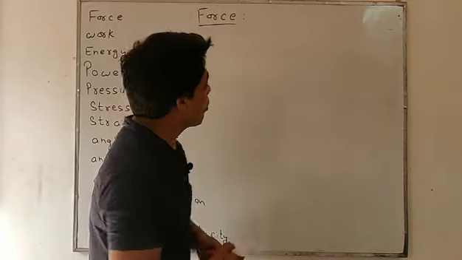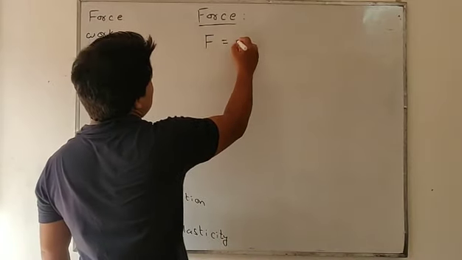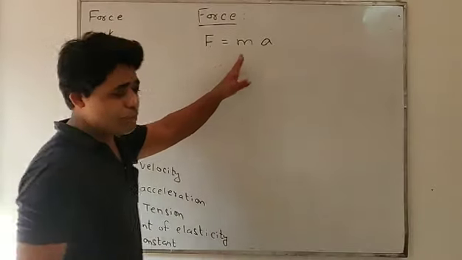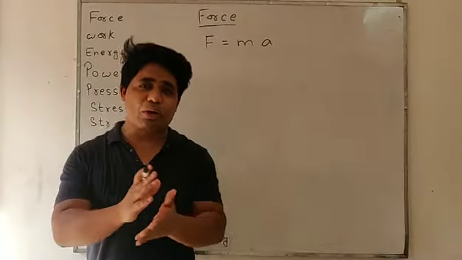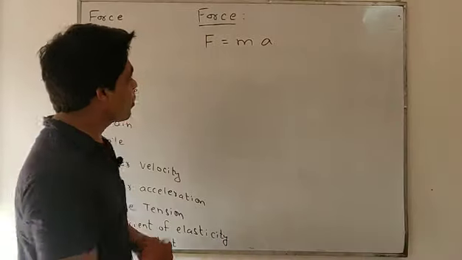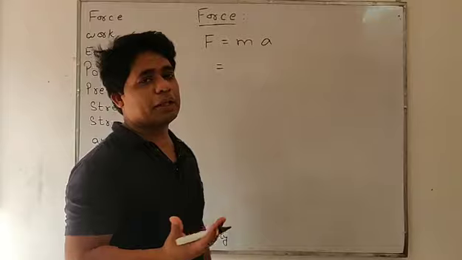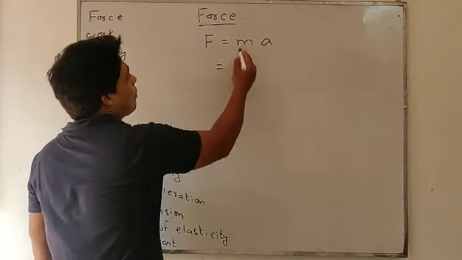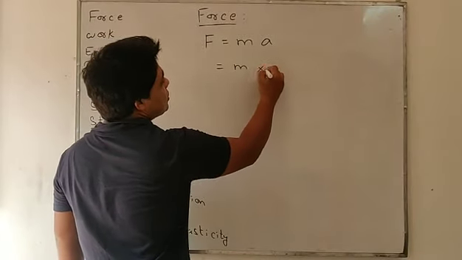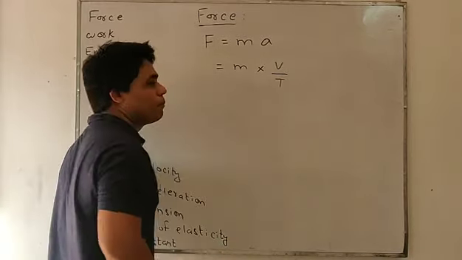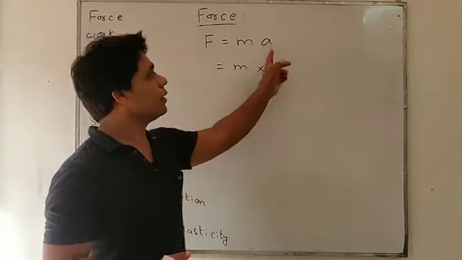Everyone knows the formula of force. Force has the formula mass into acceleration. This is the famous formula from the second law of motion, F equals ma. Now students, we'll open the formula as far as it can be opened. Mass remains m as it is, acceleration we can write as velocity by time, in short v by t.